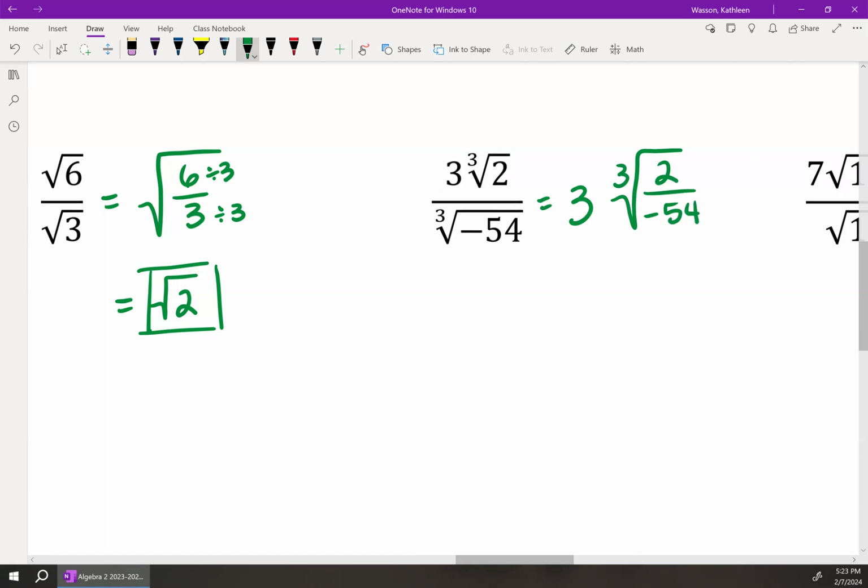I can reduce this if I divide the numerator and the denominator by 2. Then I could write my problem as 3 cube root 1 over negative 27. 27 is a perfect cube.